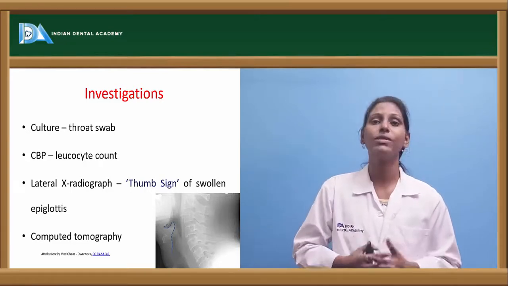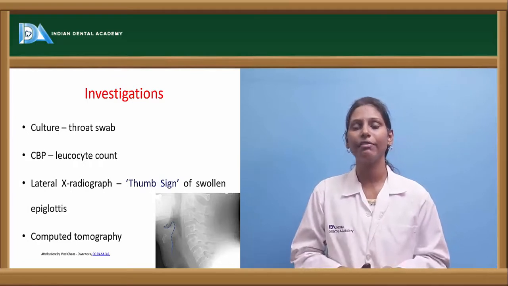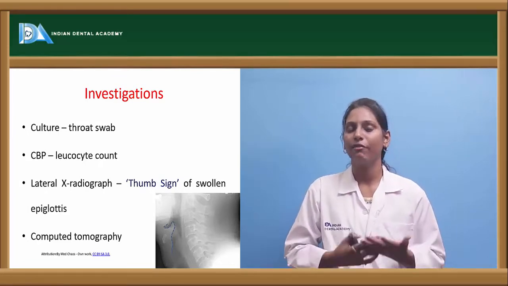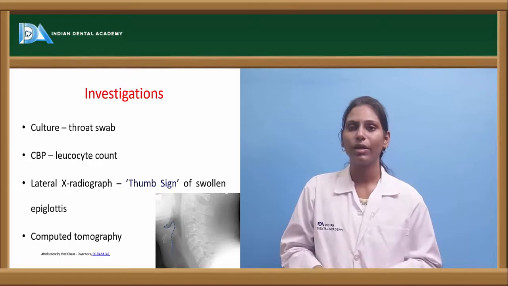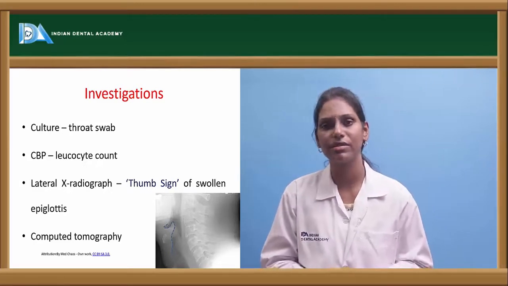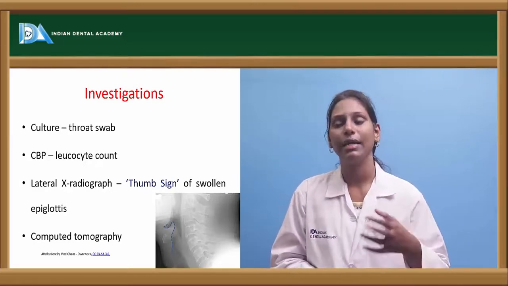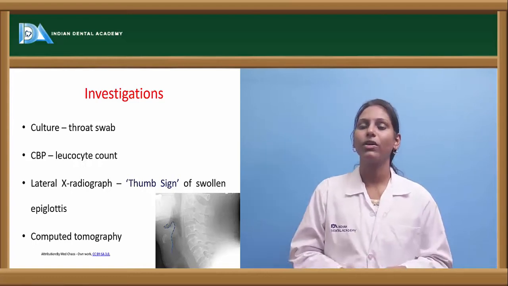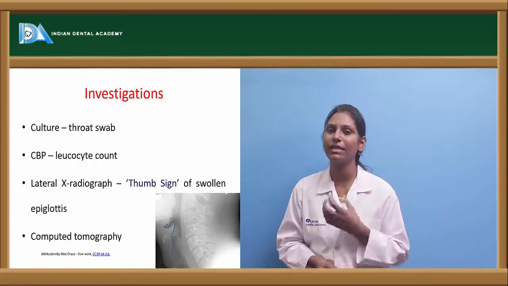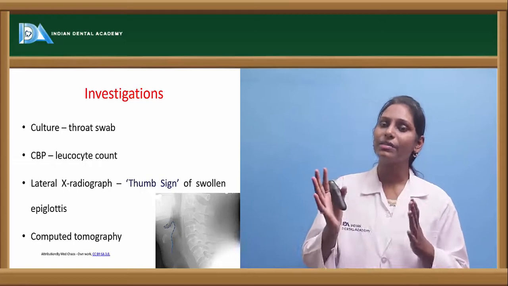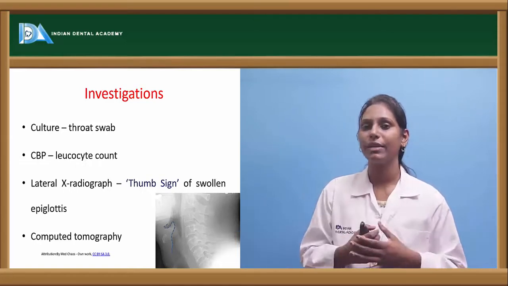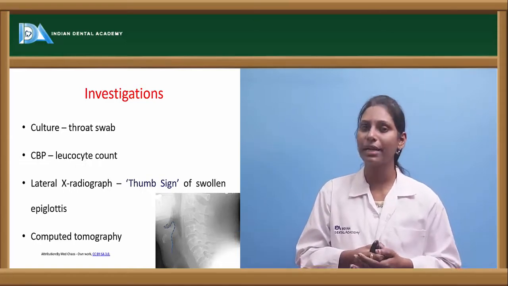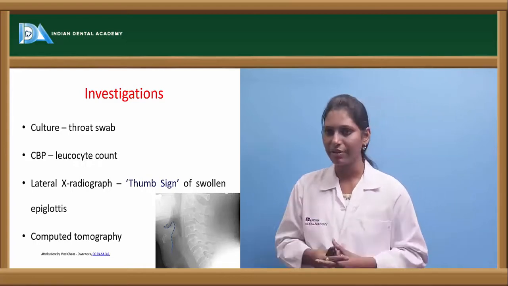X-ray is again a good aid in identifying the type of disease. For croup or laryngotracheobronchitis we have the steeple sign, and the thumb sign is seen in case of a swollen epiglottis. By taking a lateral radiograph of the neck or a direct plain neck view, we can identify some radiographic features.